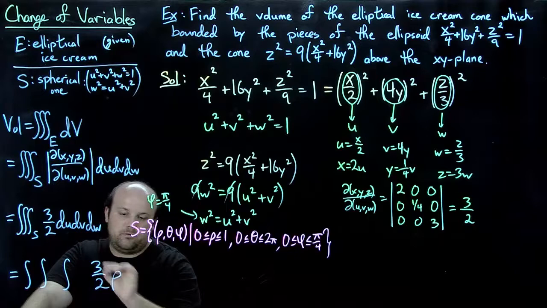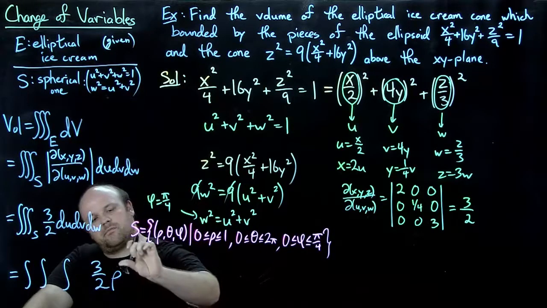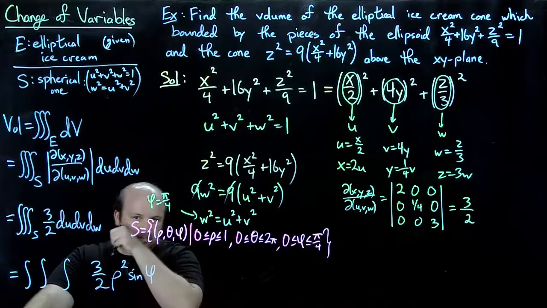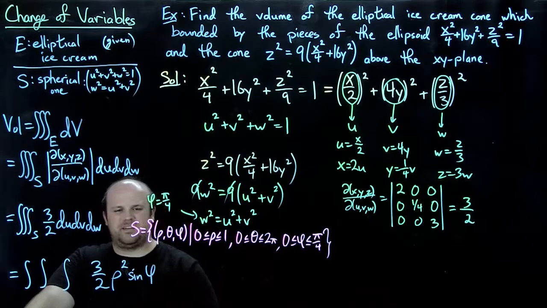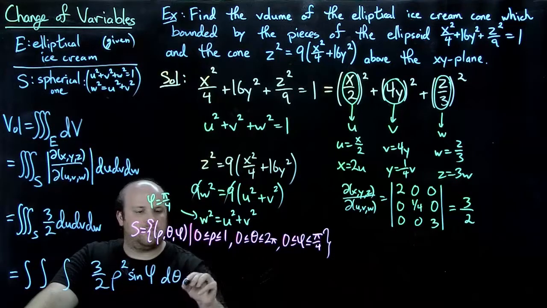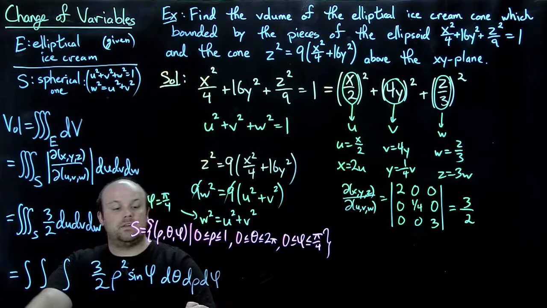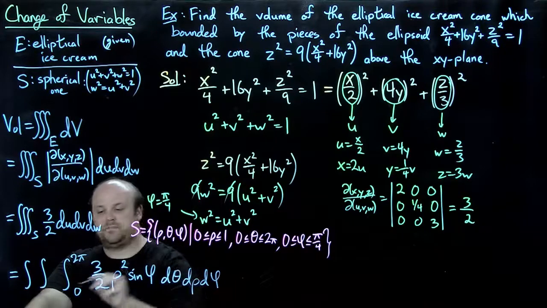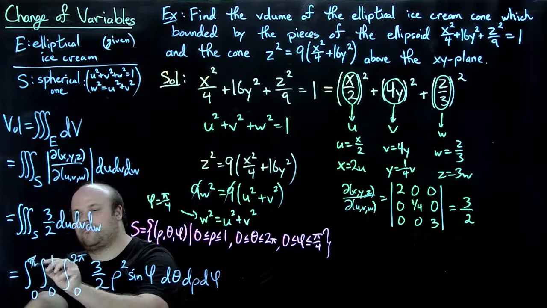So we get our rho cubed, rho squared, rho squared sine phi. And then now we have to decide the order. But there's not much to that. So let's do theta first, just to get it out of the way. Then d rho, d phi. Okay? So theta goes from 0 to 2 pi. Rho goes from 0 to 1. And phi is 0 to pi over 4.